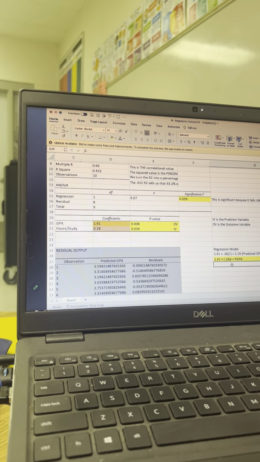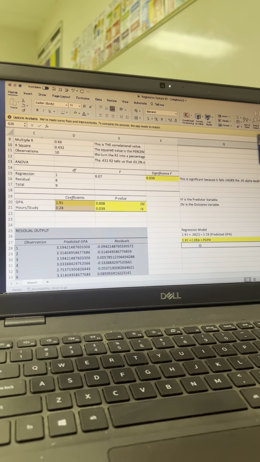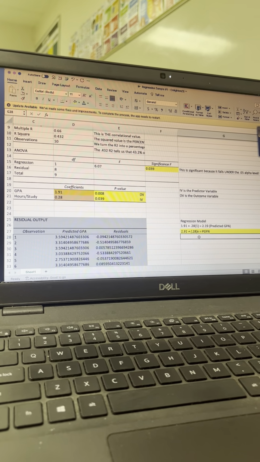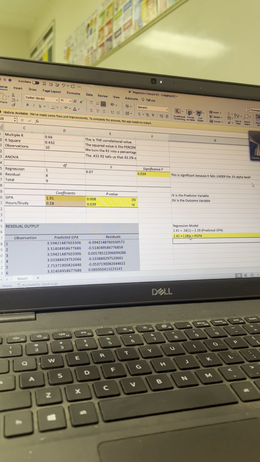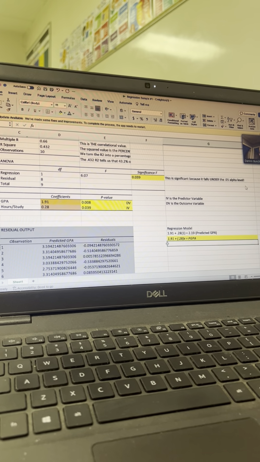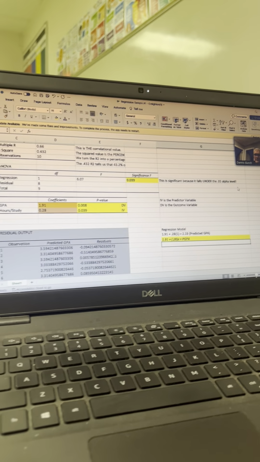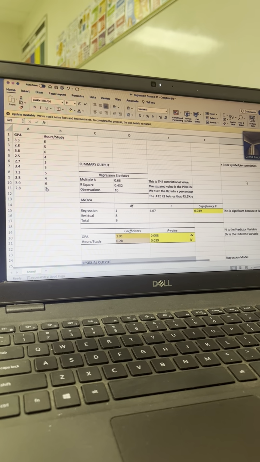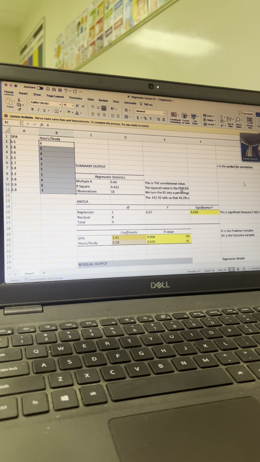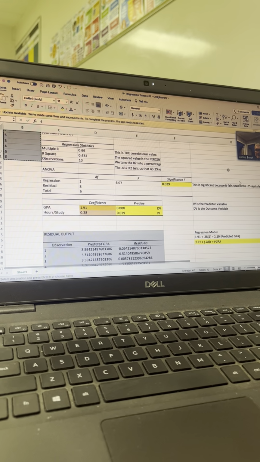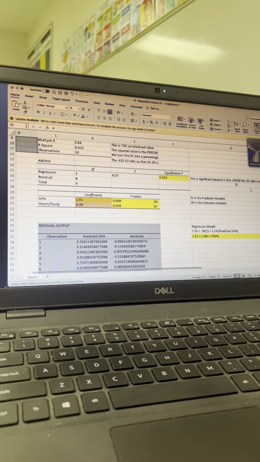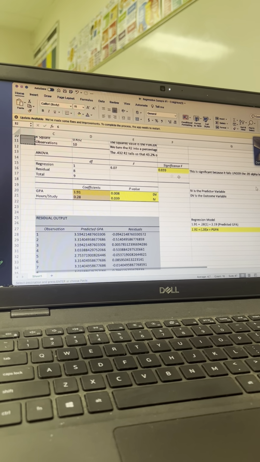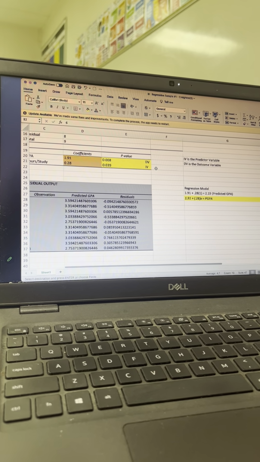All it is is an algebraic expression, and what do I have to plug in? What do I not have in my regression model? The hours of study. Yes, ma'am, perfect. So I really can go up here and get these hours. Just copy those and I'll write them down so I don't have to go back and forth. So there are the hours. Well, what happens with that kid for 6?